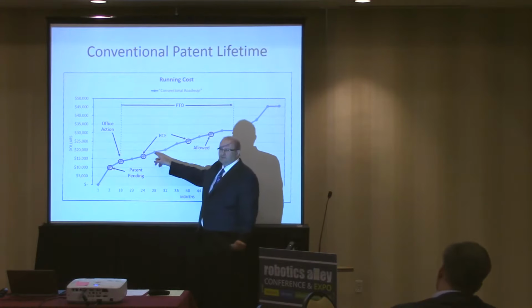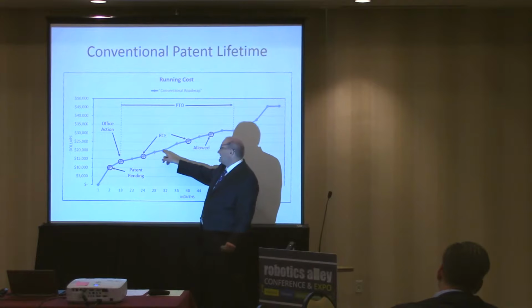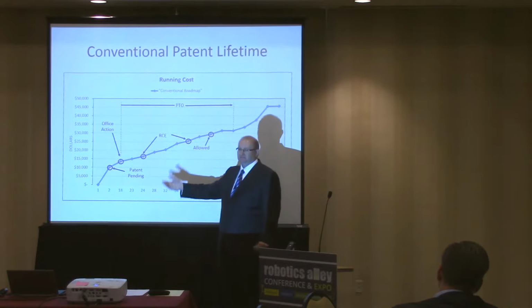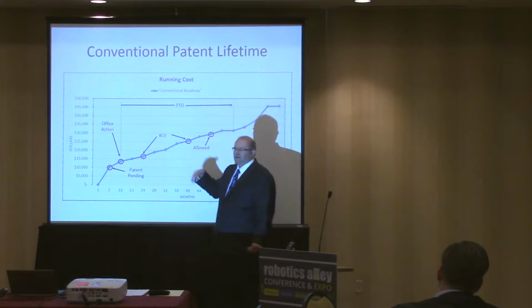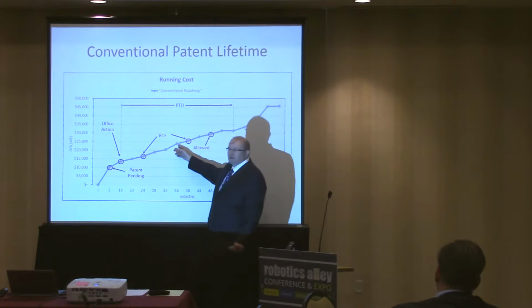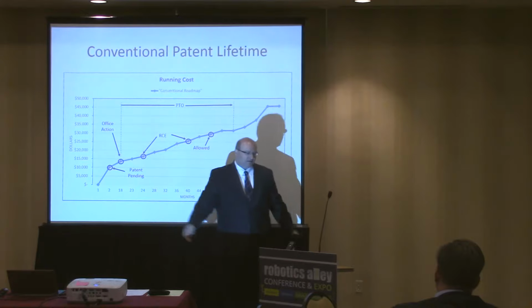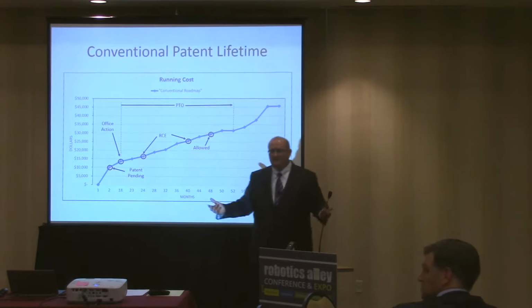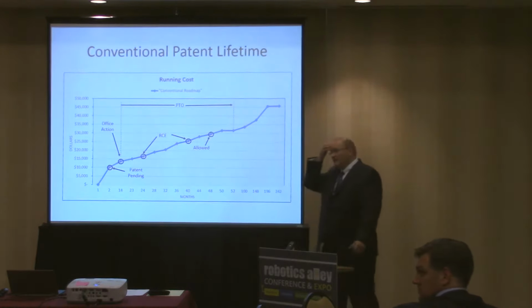And then you get round 2, non-final office action, pay your money, 6 months goes by, you get a final office action. If you still haven't persuaded the examiner, you might appeal. That appeal, I haven't represented it here, but it might take 2 years. I mean, that's typical.